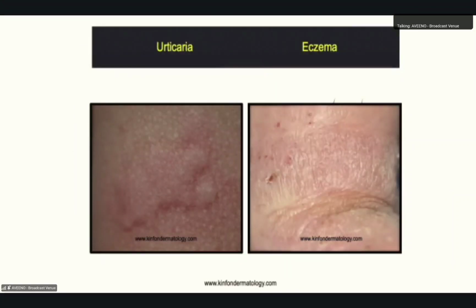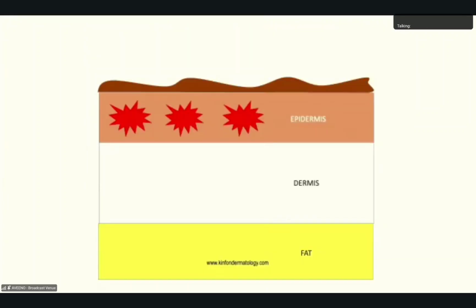As highlighted just now, in contrast to urticaria, or hives, you can see the lines are well preserved. That means the inflammation does not affect the epidermis, in contrast to eczema, which has prominent skin surface changes.